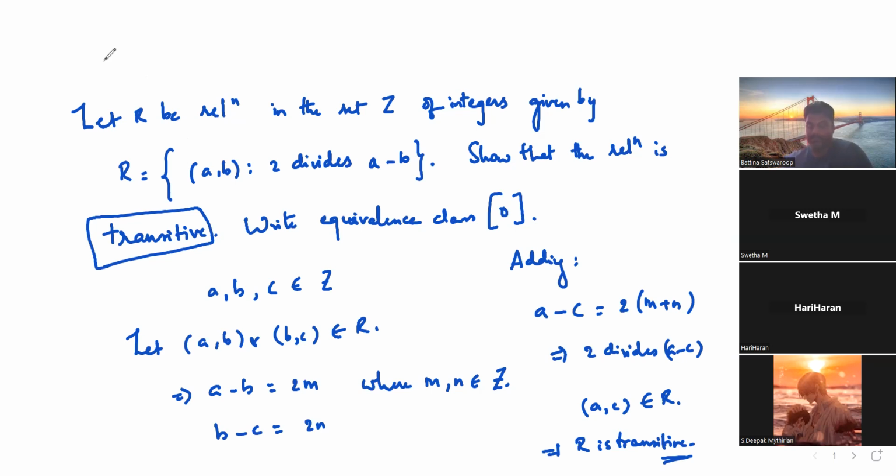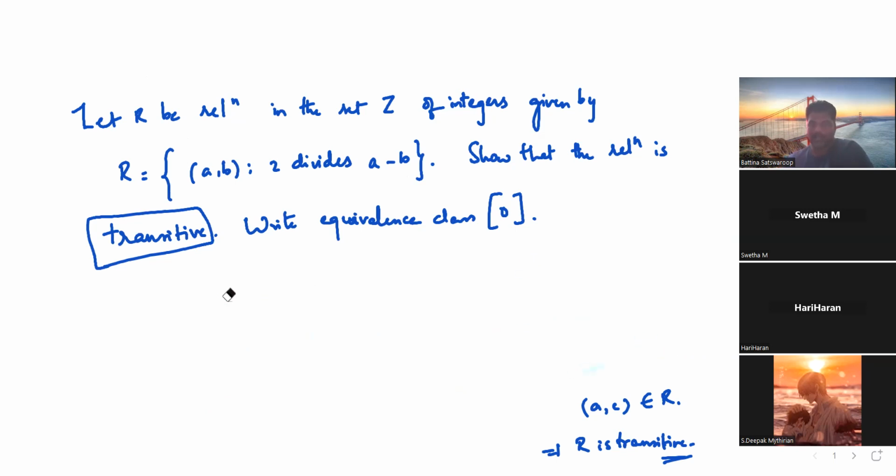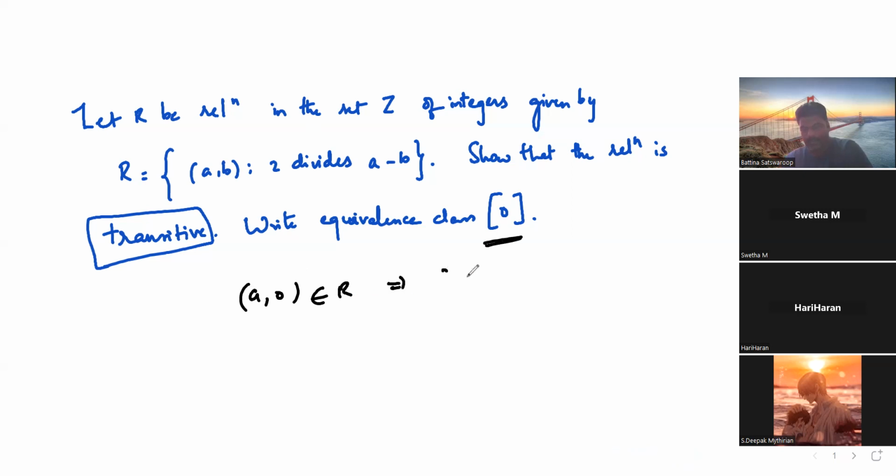Now talking about equivalence class, sir. Equivalence class for 0 they are asking us to write. So (a, 0) must belong to R. That means 2 divides a minus 0.